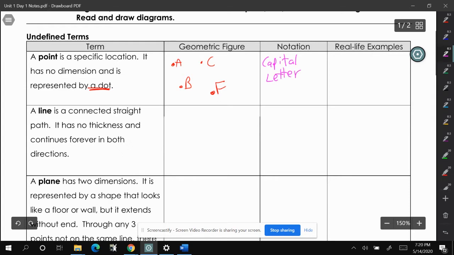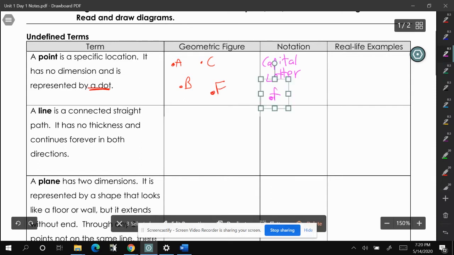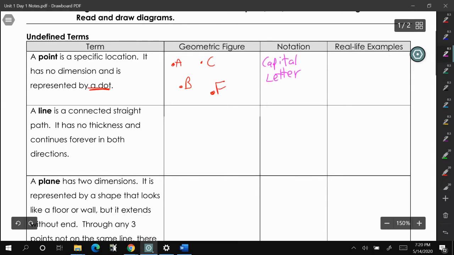All these are capital letters. You would not write point F like that. You could also, if you're writing about it, say the words point F.